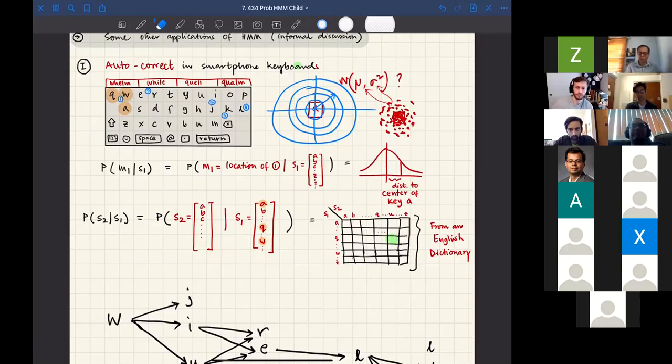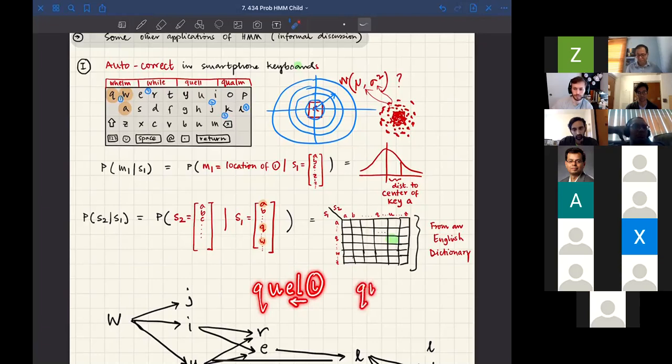The only model you have is, suppose someone has written QWEL and you suggest quell, right? But then this person does a backspace. So you know, okay, it's not L, it's QWE, right? And then you say, okay, QWE, what are the possibilities? And maybe Q is a possibility.